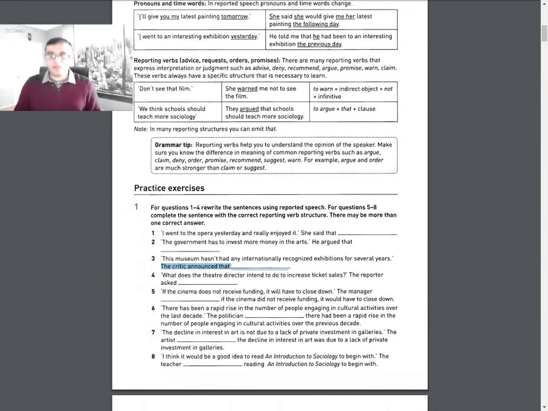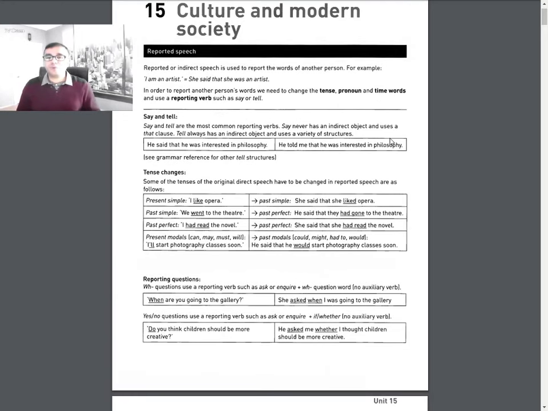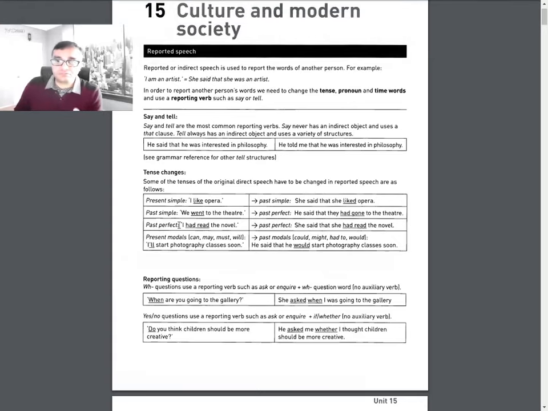Now, let's go back to the previous page. As you see, when we change the tenses here, and when we change the possibility of tenses, for example, as we say, present simple, past simple, past perfect. Okay, what about past perfect continuous, or continuous perfect tenses?